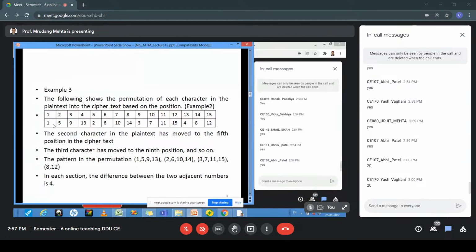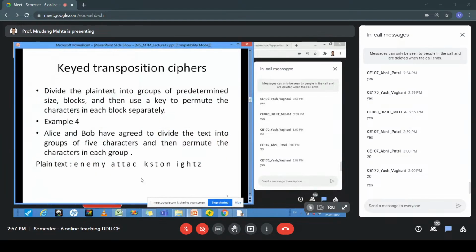Is that clear? If you read the sentence, enemy attacks tonight, the Z is not creating any meaning out of it. So Z is an extra character just to fill the block. Is that clear?